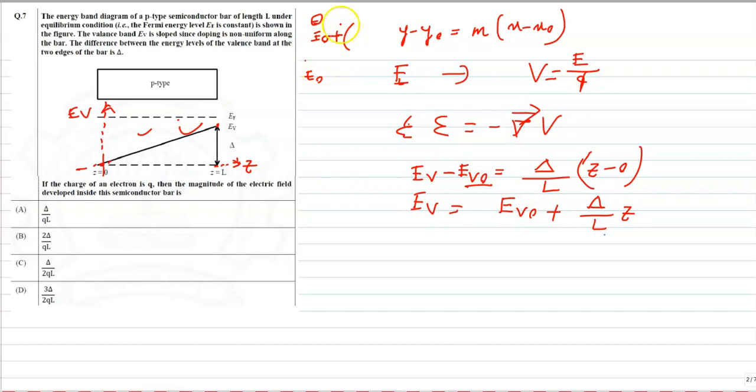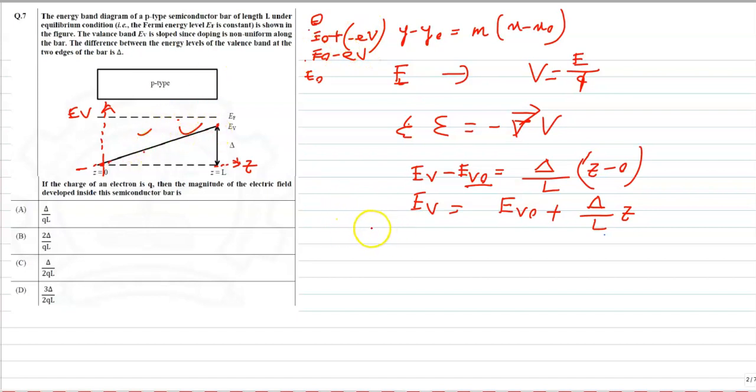But the charge for the electron is minus E, and suppose you have applied the positive potential, that is E0 minus EV. That means whatever the energy is here, now the energy is lowered. Energy will be lowered for these electrons. In the same analogy, if you apply negative potential to these electrons, the energy will be increased. So exactly the same case.